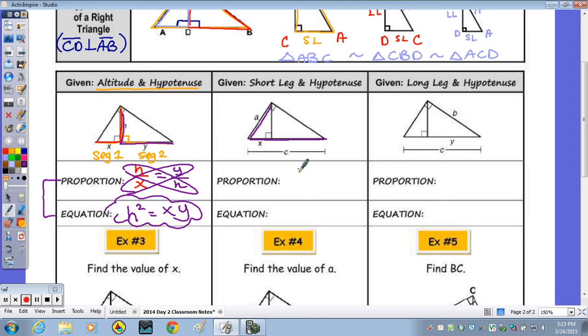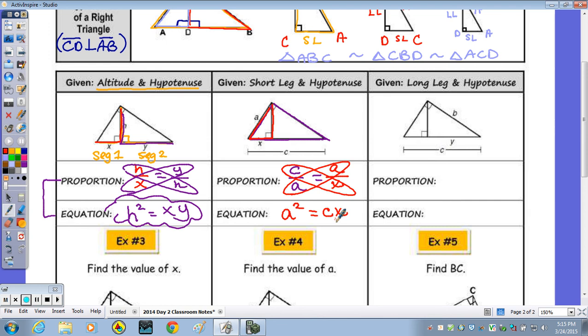So if I look at hypotenuse to short leg of that triangle, that's got to be equivalent to hypotenuse to short leg of the other one. So in this little one, the hypotenuse is a over short leg x. So when I do the cross product here, we've got a times a, which is a squared, equivalent to c times x.